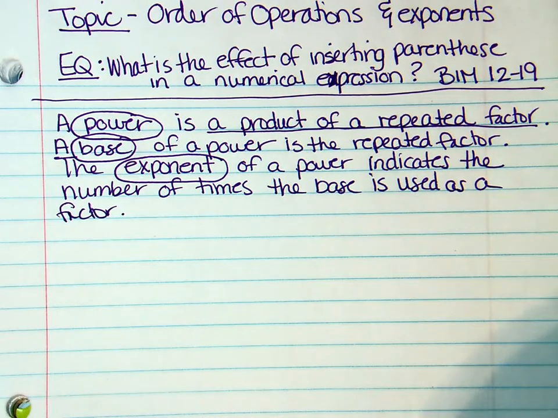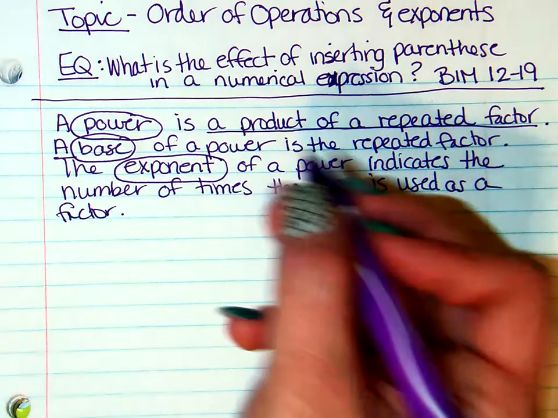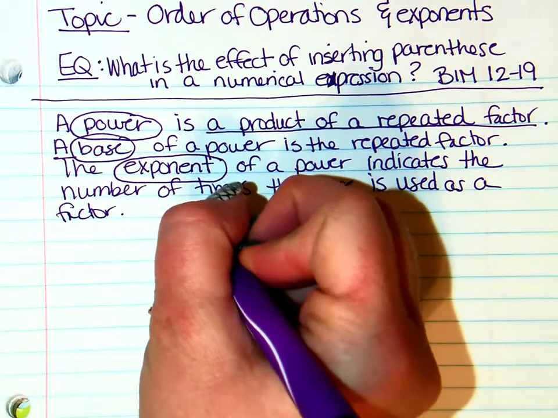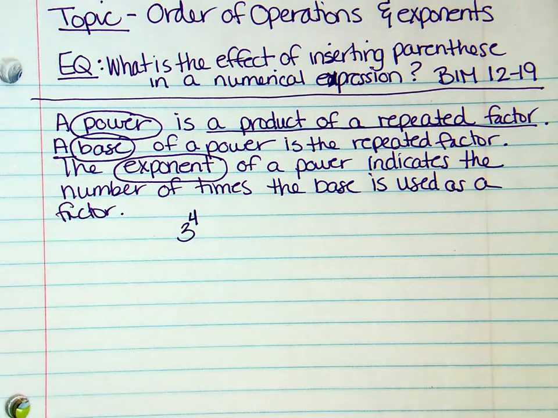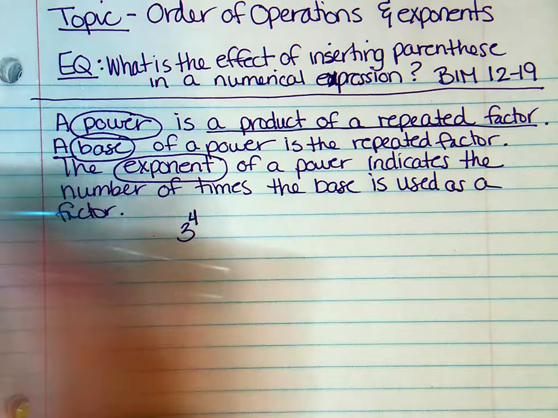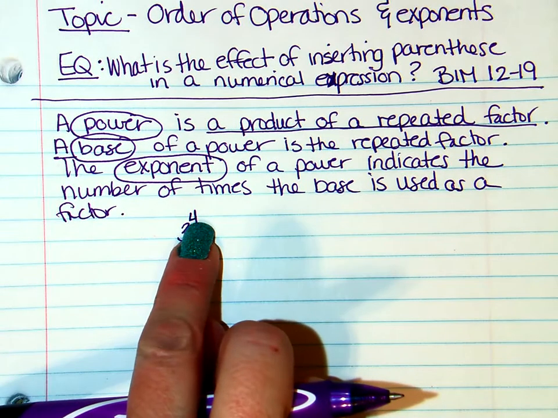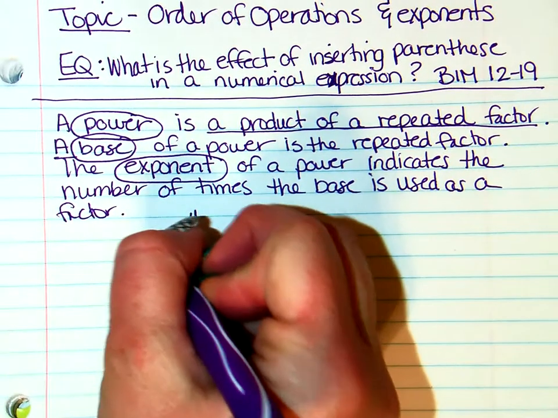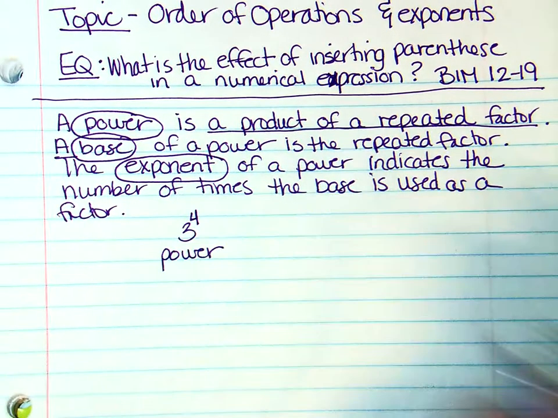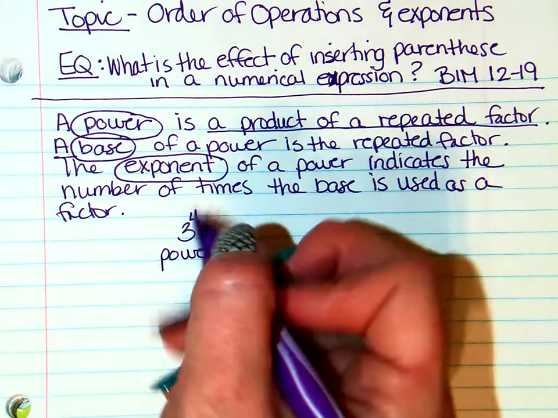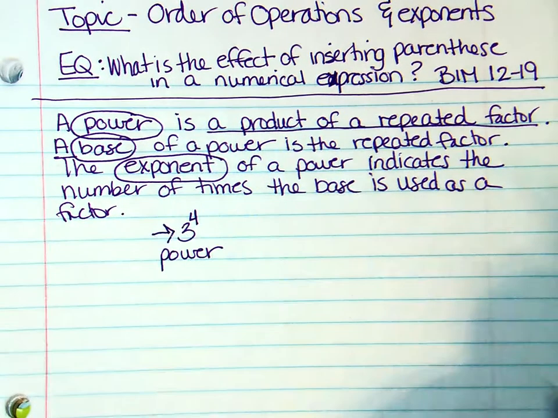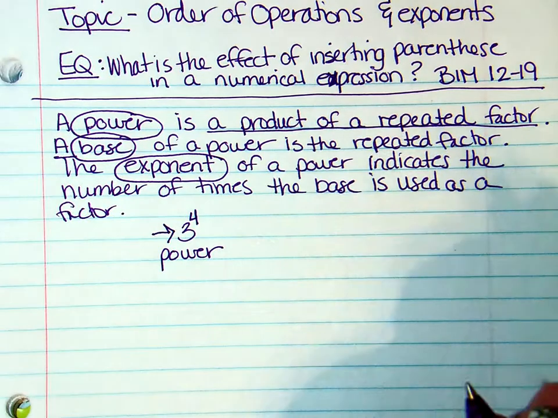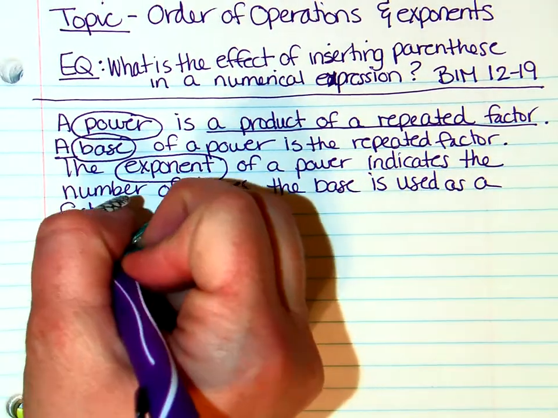Let's explain a little bit more. Oftentimes when we see something like this, we call that an exponent. But the truth is, this part right here is actually your exponent. This whole thing is called a power. And when we look at that, this big number at the bottom, that's going to repeat over and over again, this is called your base.